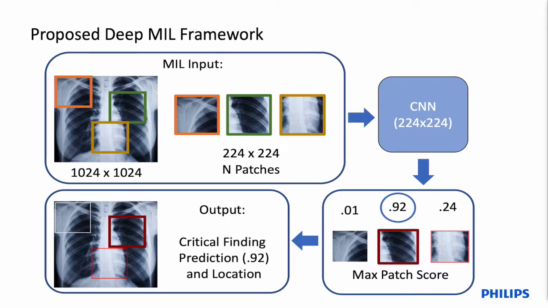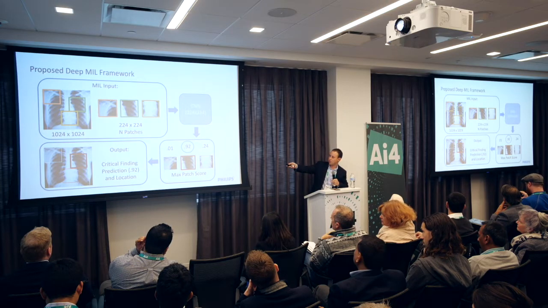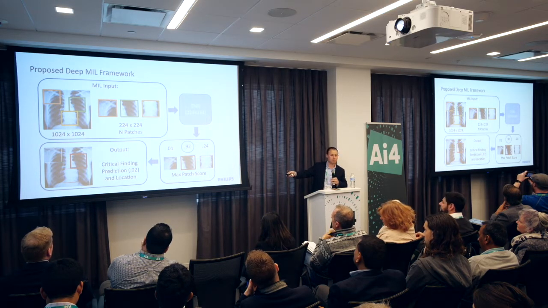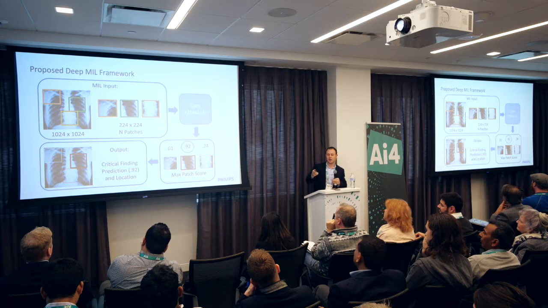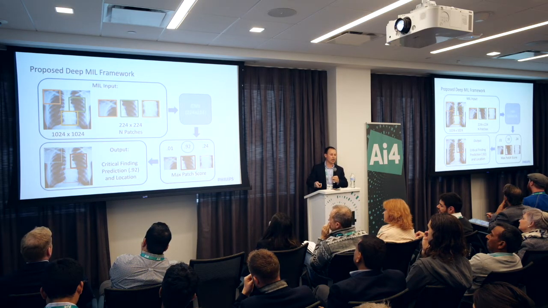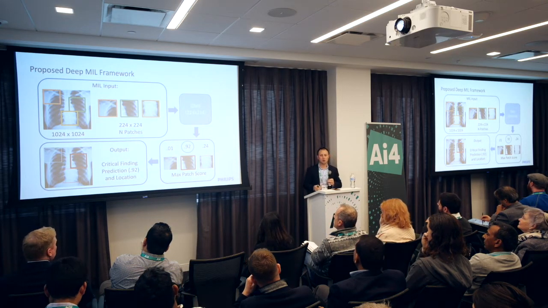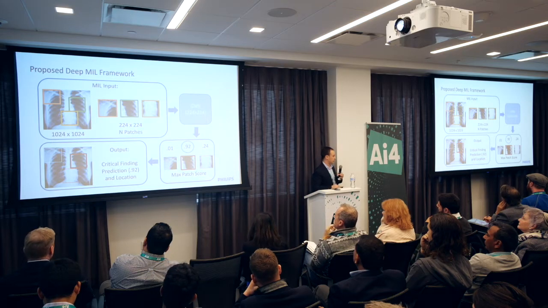White is close to 0. So this one is a white patch. You can see it on the edge here. And then one that's close to 1 is a very thick red patch. So each patch in the image will have a score, and we can visualize it in that kind of weighted way. And so at the end, we can get a coarse localization of where the pathology is in the image.